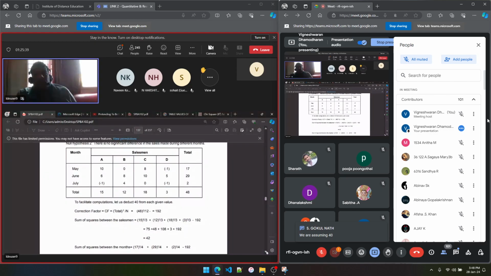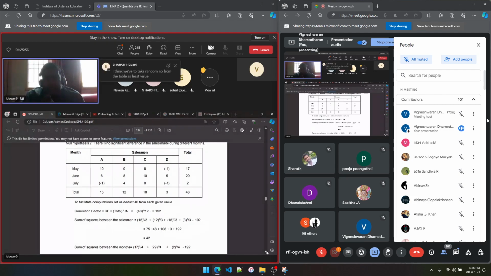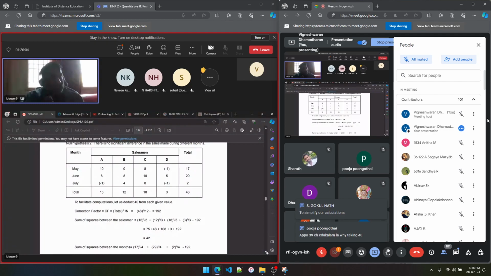Then next, sum of square between the salesmen. Sum of square between the salesman, that is 15 square divided by 3, because here you have to take the total of each column. Here, the total of the first column is 15. That should be squared and then divided by the equal number of frequency, which means 3.